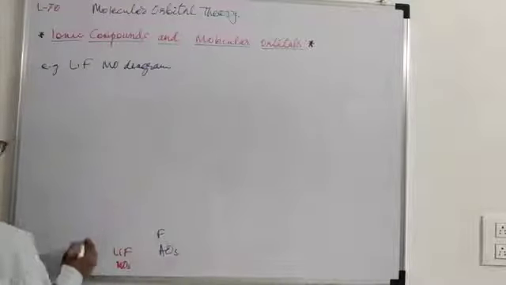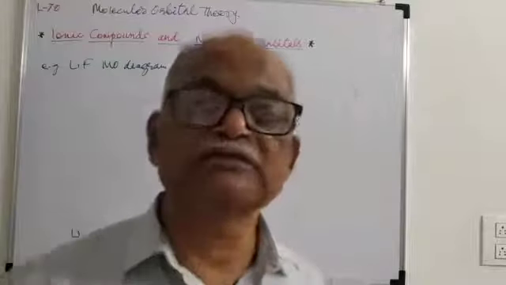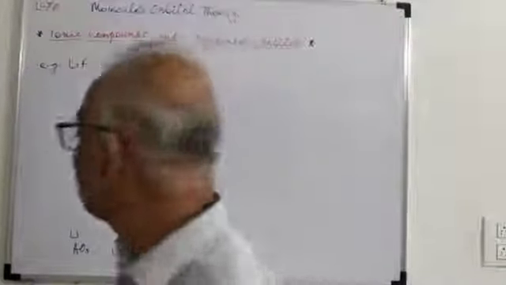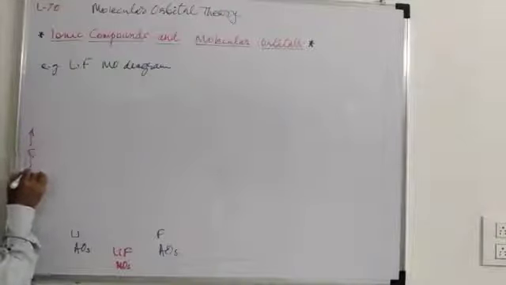We know that lithium has the valence shell containing only one electron, present in the 2s orbital. This is the energy axis we are considering.